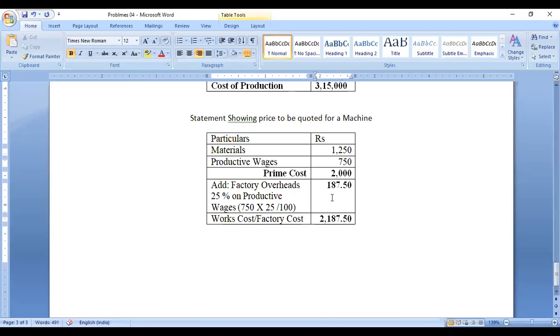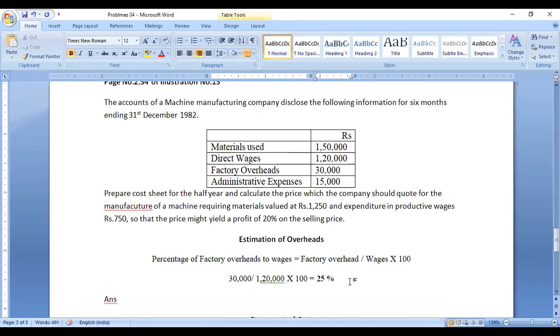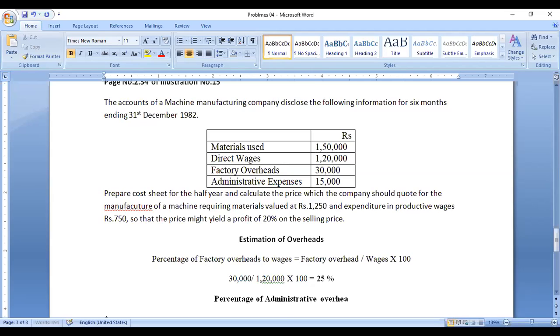Now we are going to calculate the estimation of the administration overhead. There is a formula for the percentage of administrative overheads. It is always on the basis of the work cost only.